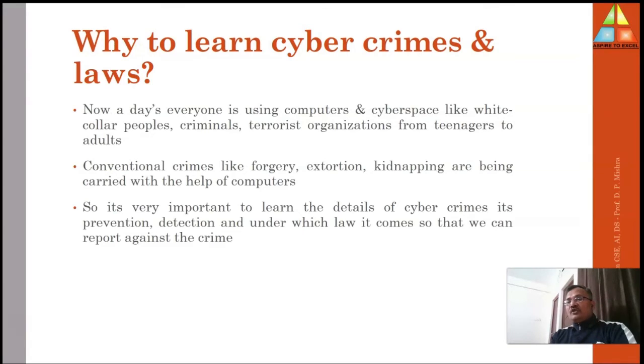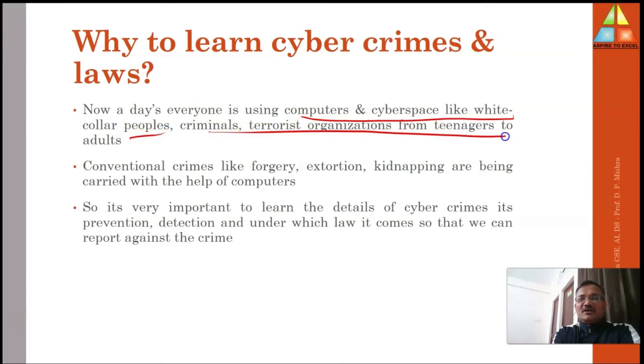So the next important point is why to learn cybercrime and laws. What's the objective behind introducing this subject? What's the aim of learning this subject? Nowadays, everyone is using computers and cyberspace, like white collar people, criminals, terrorist organizations, from teenagers to adults.